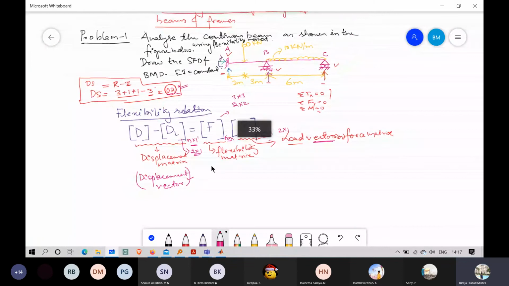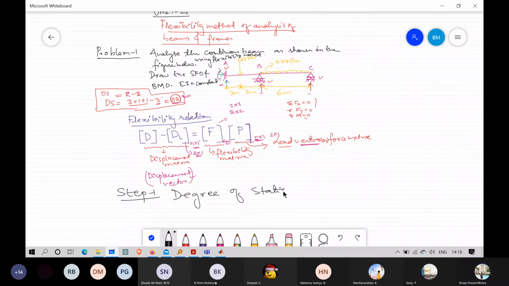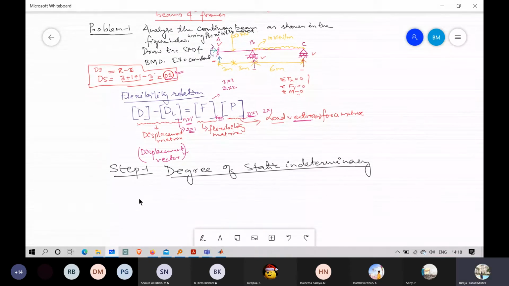All of you can take this as step 1. Step 1 is the degree of static indeterminacy. So what will be the degree of static indeterminacy?